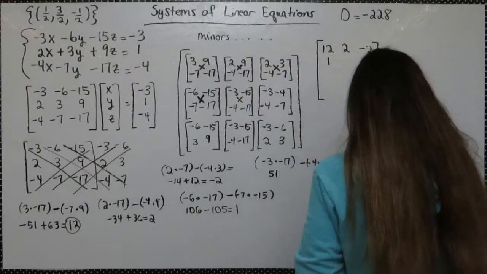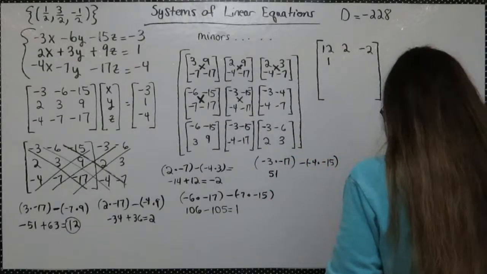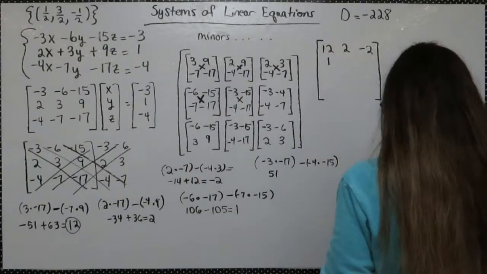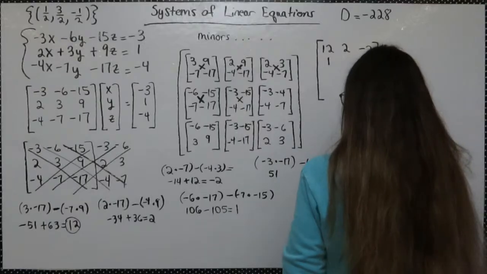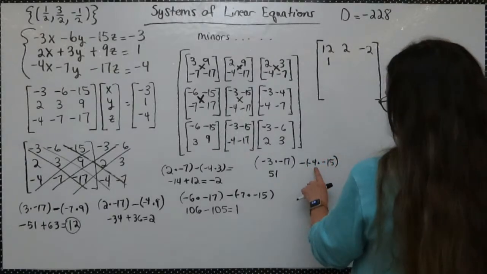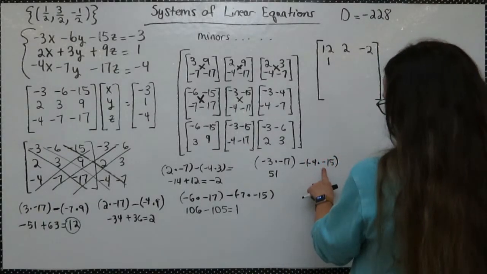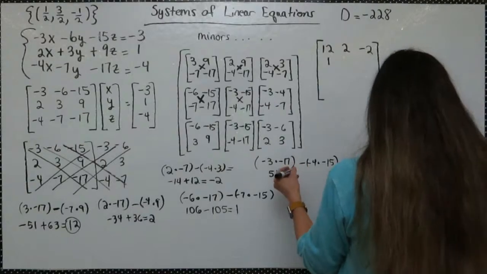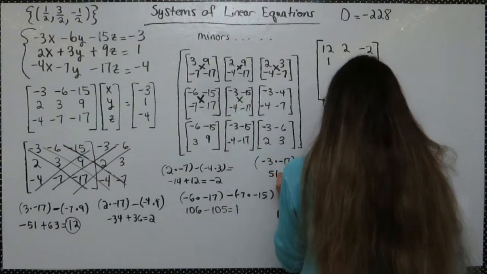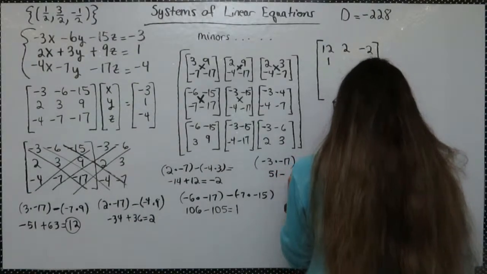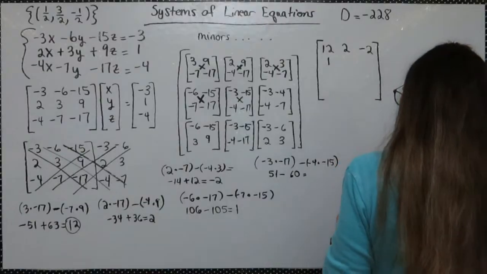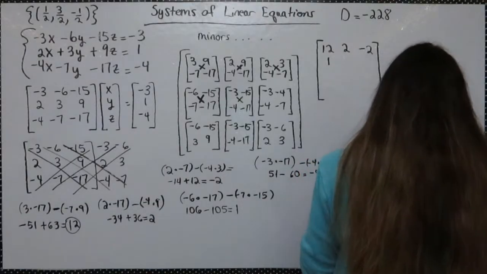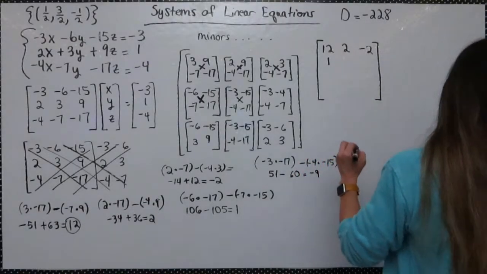I'm just trying to be extra cautious because I really don't want to make a mistake, but inevitably it might happen. So, all right, two negatives make a positive. Another negative is going to go negative for us. So we've got -60 and 51. That's -9. All right, good.